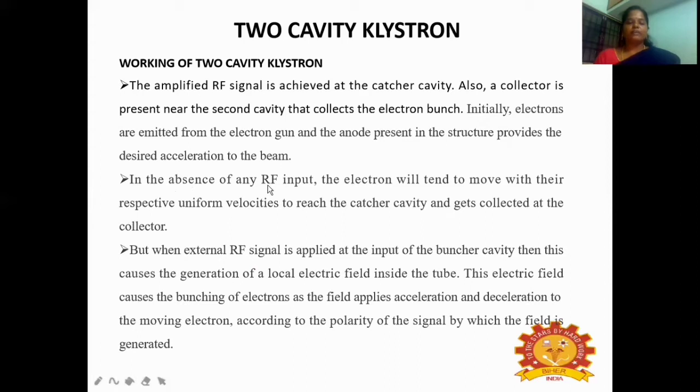If we don't apply any RF input, what happens? The electrons will tend to move with uniform velocity, that is uniform speed. They reach the catcher cavity and then get collected at the collector.